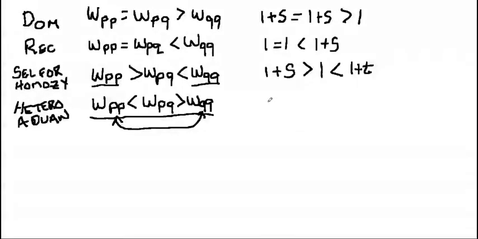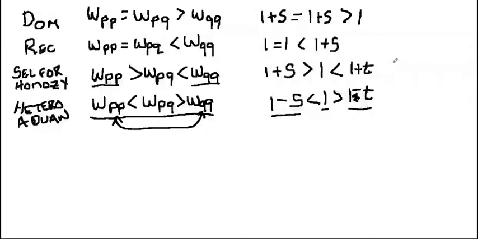The easiest way to do that is to think of the relative fitnesses as selection acting against the heterozygotes so that we create a selection coefficient that's negative. So we have 1 minus S is less than 1, and 1 is greater than 1 minus T.